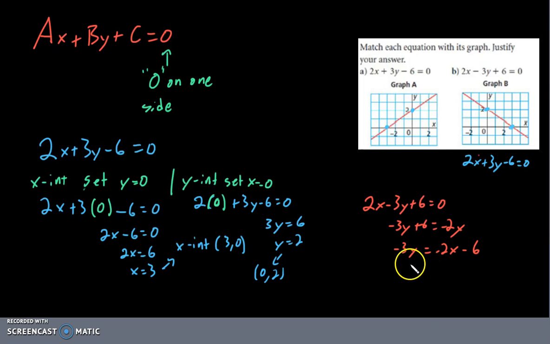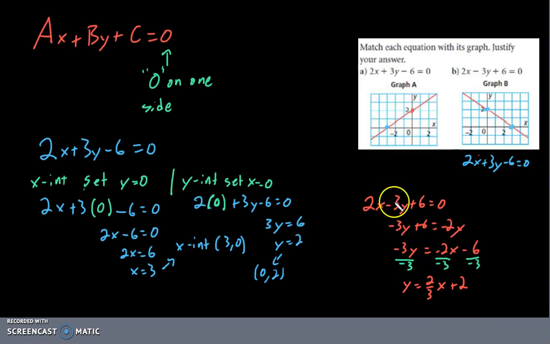Then I'm going to go ahead and divide everything by negative 3, and look how I'm doing everything by it. So I could say that y is going to be equal to 2 over 3 x, double negative, plus 2. And this would be the y equals mx plus b, the slope-intercept form of that. That would make sense because I have my y-intercept at 2, just like this equation's saying.